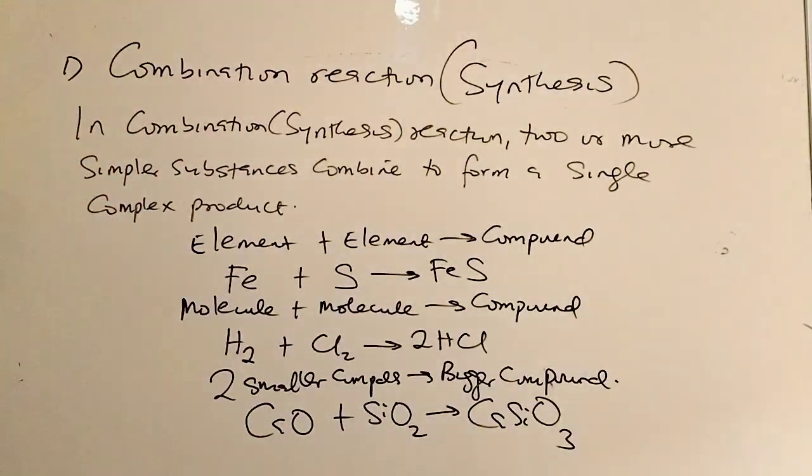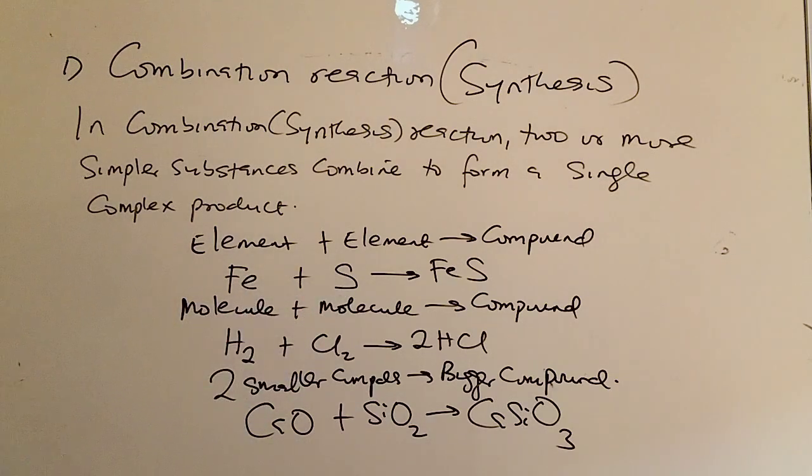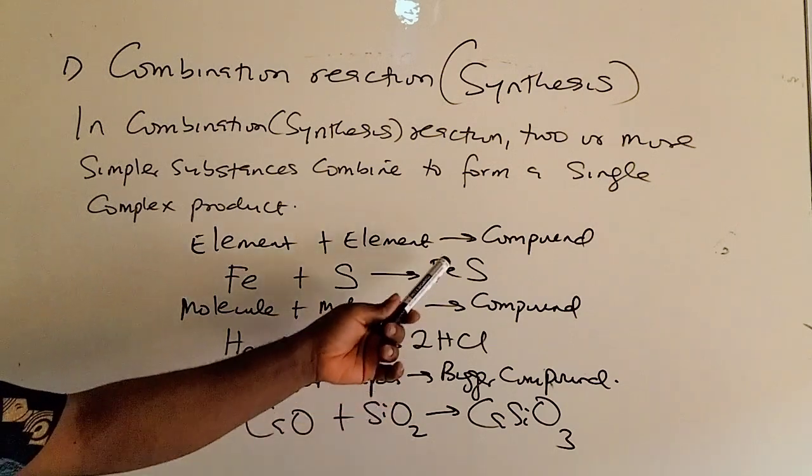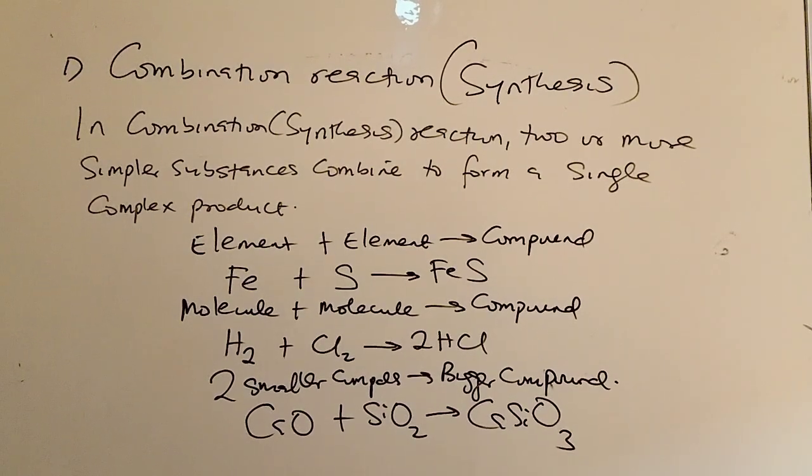So what do we observe in all of them? In all these instances, you are having two reactants, or could be more than two reactants, but the unique thing is there must be one product. We call such a reaction combination reaction or synthesis reaction. So we go to reaction number 2, which is decomposition reaction.